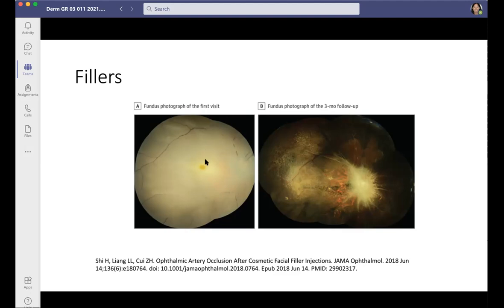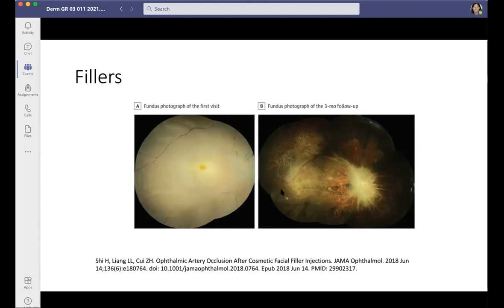And so this is a picture of a patient who was getting a filler injection and presented with no light perception in the right eye. And you can see this picture has just total occlusion of the ophthalmic artery, including the cilioretinal artery as well. That's why you don't see that cherry red spot, because the whole pathway has been blocked.